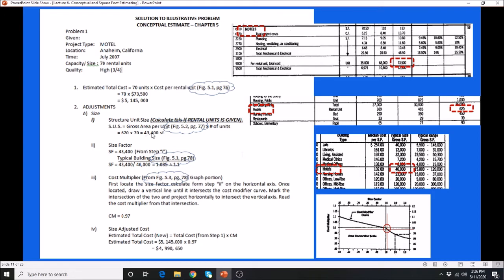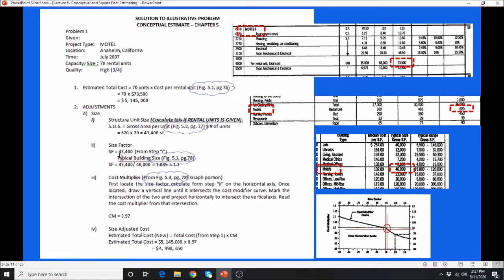All right, with that, we should be able to calculate now the size factor, and that is just a typical building. That is from your figure 5.3. This one here on your right for motel, gross square footage for typical size, it's 40,000. That's the reason why we have here 40,000, and we have here your 43,000.